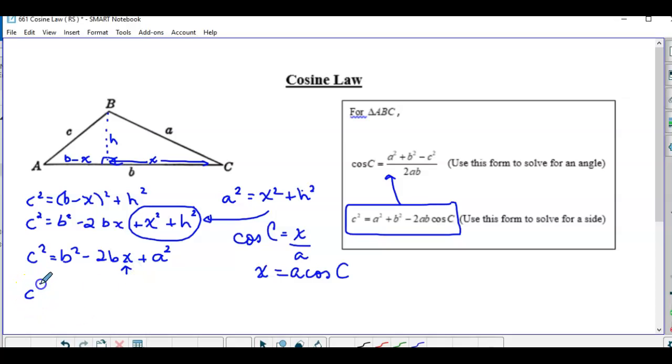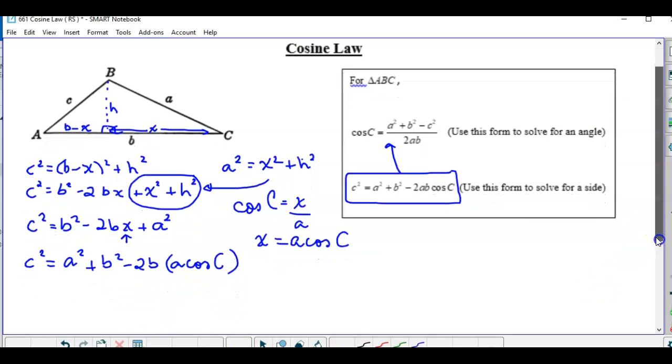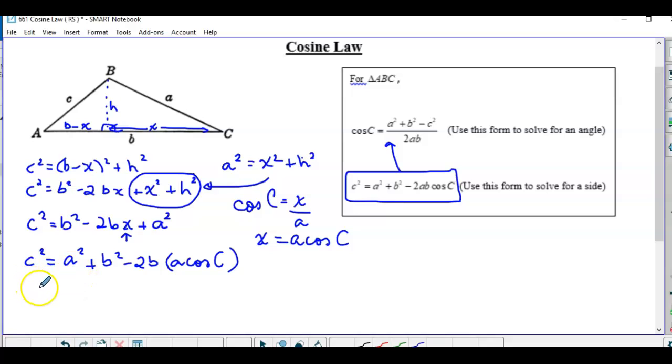All right, I'm going to just rearrange in this step, put the a squared first, just alphabetical order, then the b squared, then 2b, and then instead of x, I've got a cos C. And voila, that is the cosine law. So I'm just going to rearrange it a little bit in that last term: a squared plus b squared, and then I really put alphabetical order in that term, so 2ab, and then cos of capital C.